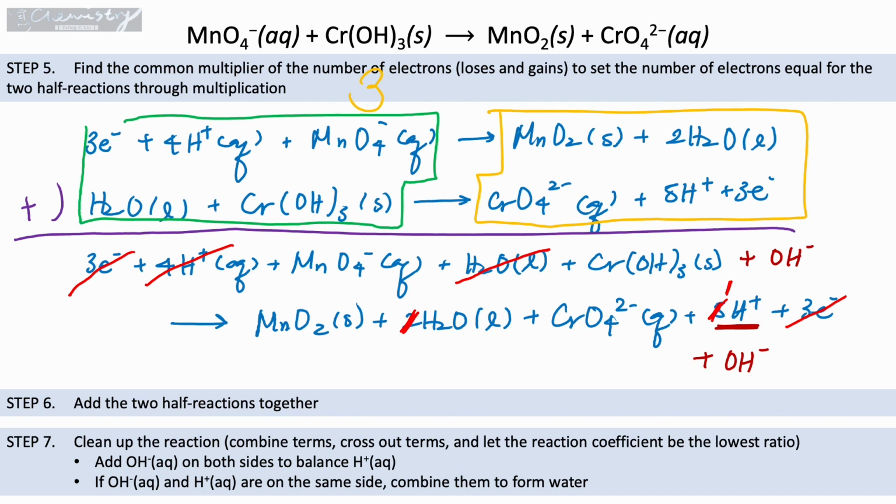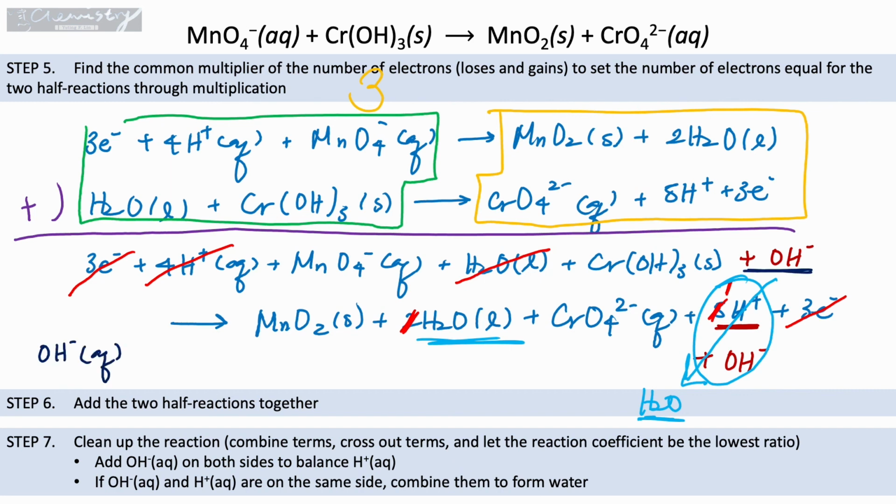And then if OH minus and H plus are both present, then they're going to become H2O. So these two are going to become H2O. With that said, we can combine the H2O over here and then the H2O over here to make it 2 H2Os total.